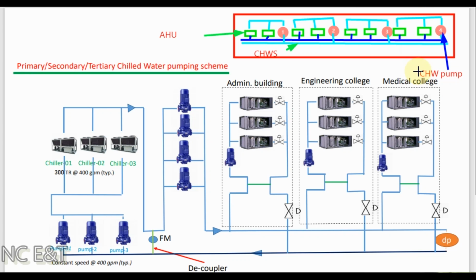To be more clear, I draw a simple schematic. You can see in this schematic there is a chill water piping network coming from the secondary loop and running throughout the whole mechanical area inside the building. From the supply line of the secondary loop you can see there are branches going to the chill water pump.